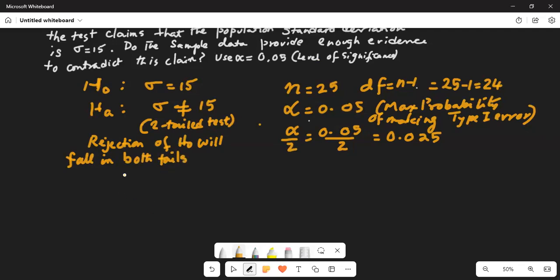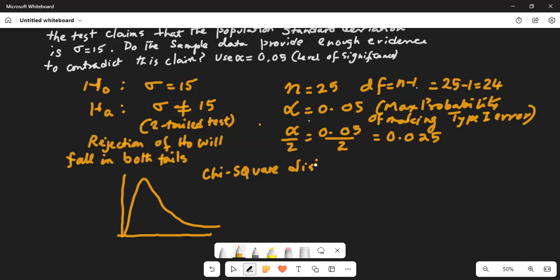Okay, so the distribution we will use is the chi-square distribution. And this distribution looks like this. My degrees of freedom is n minus 1, which is 24, as shown before.